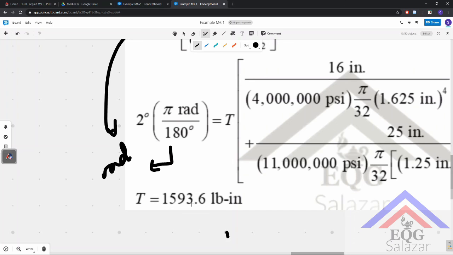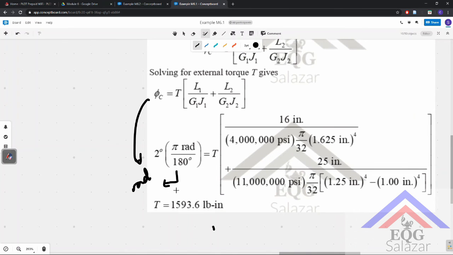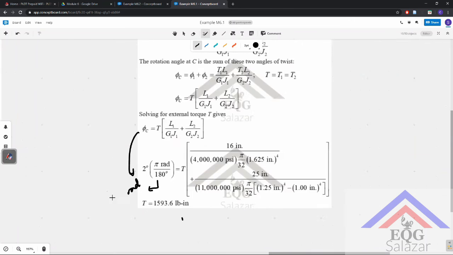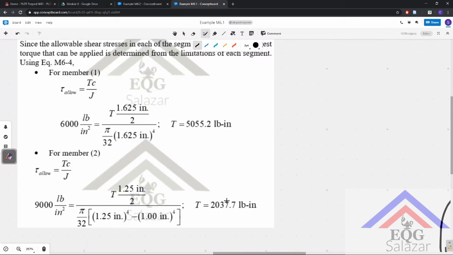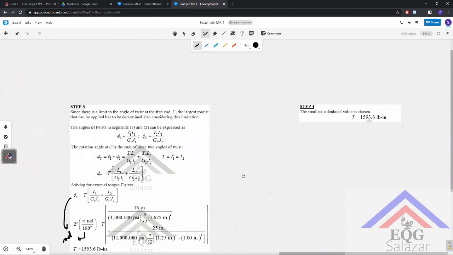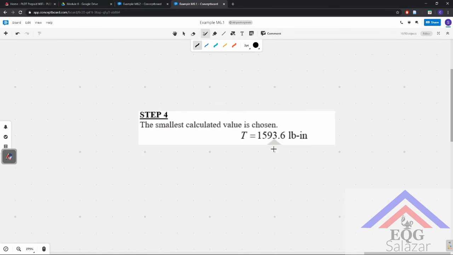So, if I choose a value of T that is larger than this, then I will fail in my design consideration, where the rotation angle at C should not exceed 2 degrees. And so I should choose something that is lower than or equal to this. Now, this is bigger than 1,500, and this is bigger than 1,500. Therefore, the smallest calculated value is chosen, which is T equals 1593.6 pound-inch.